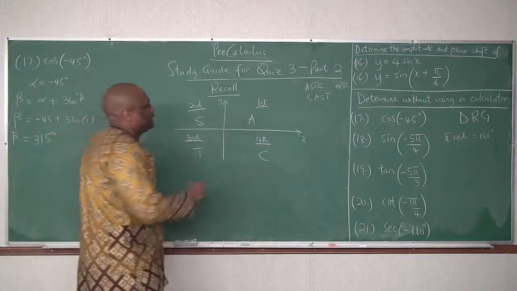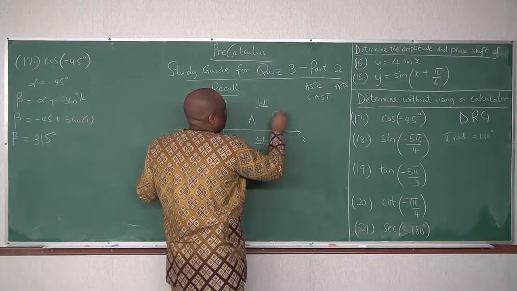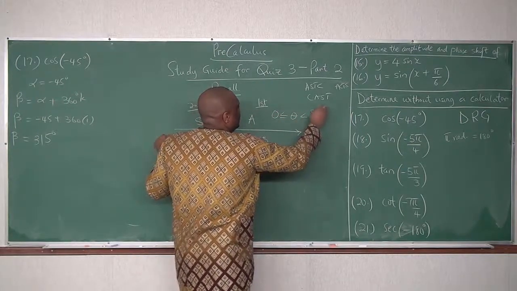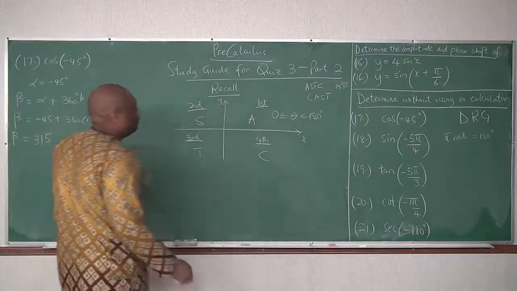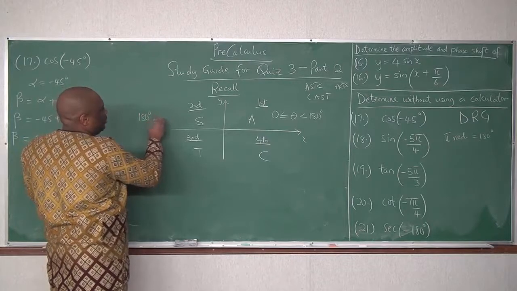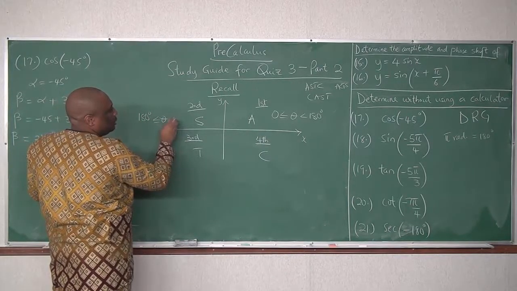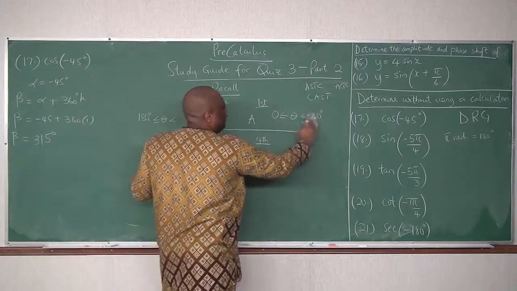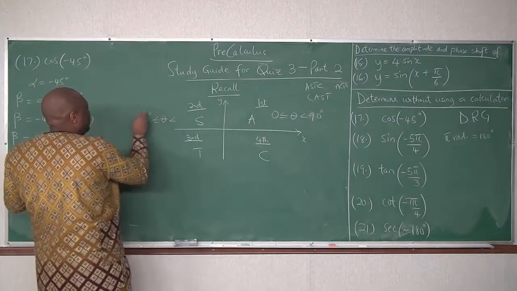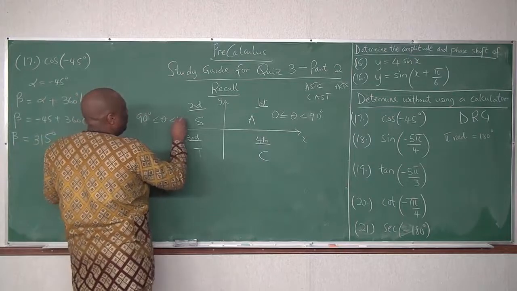And what angles satisfy this? This is from 0 less than or equal to theta less than 90 degrees. And this second quadrant is 90 degrees less than or equal to theta less than 180 degrees.